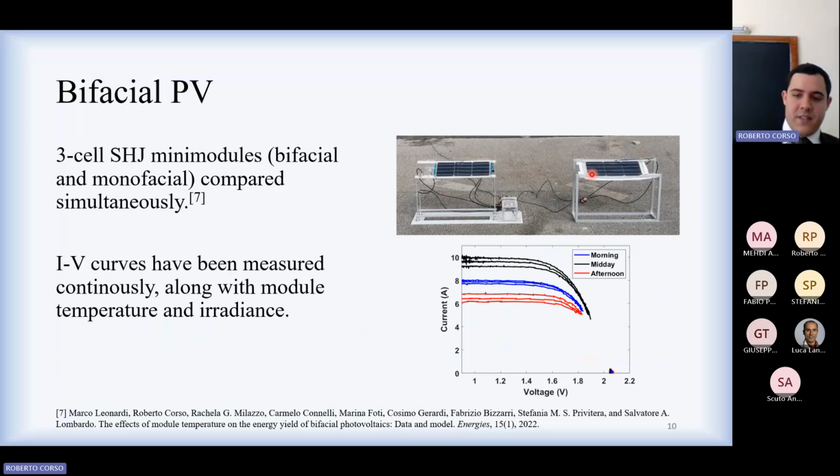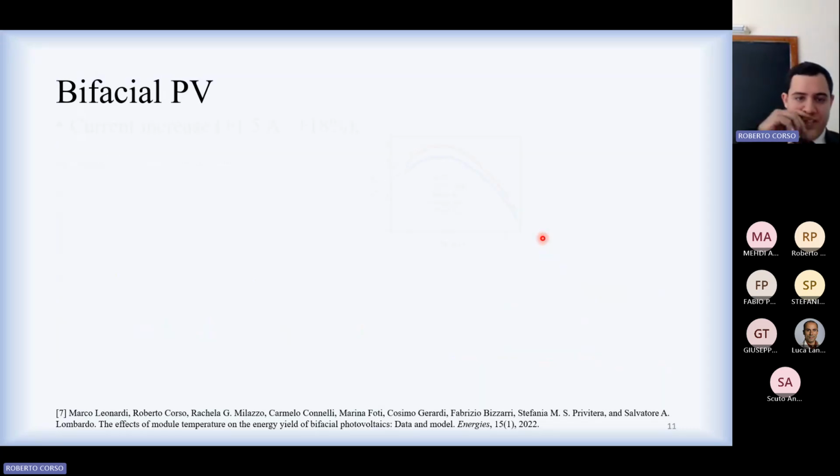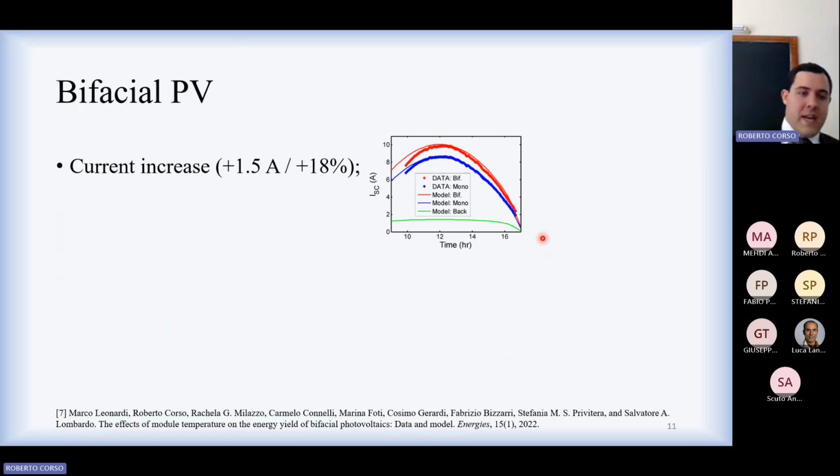And for these two systems, we measured the whole current voltage characteristics over the course of 3 days, simultaneously for both systems. The results of this study show that, of course, due to the additional light collected by the bifacial system, its current is higher, by about 1.5 amperes.